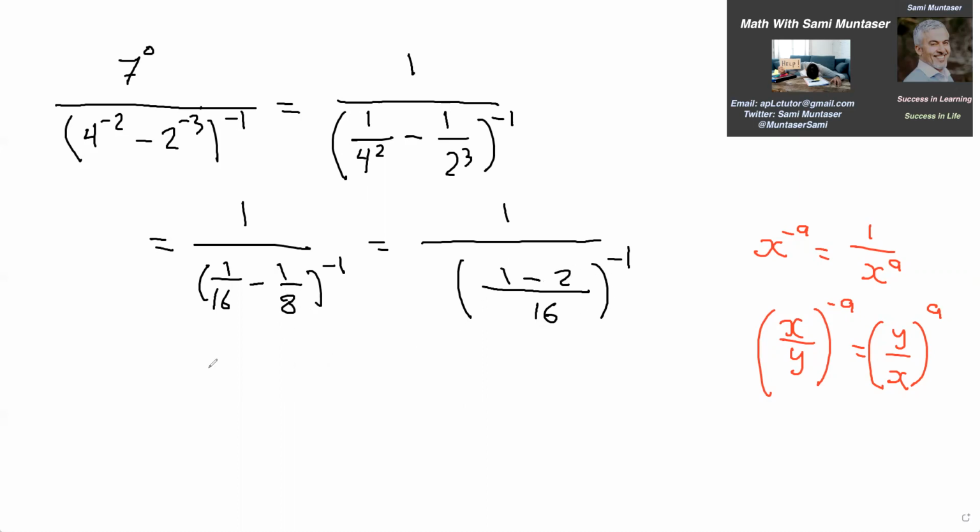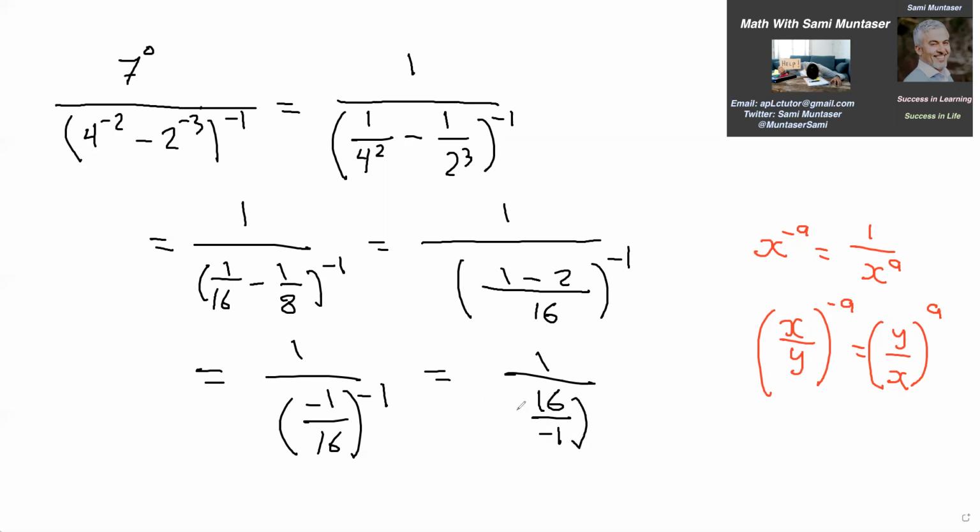All right. So now we have 1 minus 2 is negative 1, over 16, to the power of negative 1. Now, this becomes 1 over negative 1 over 16 to the power of 1.